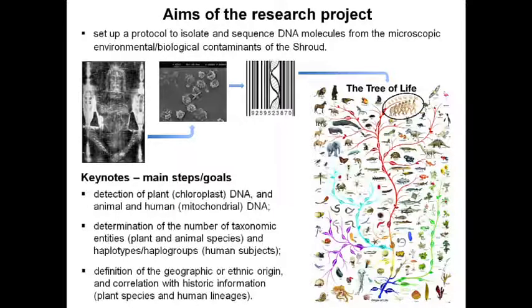Last but not least, the main goal was the definition of the geographic origin and the ethnic origin of our samples, and eventually perform a correlation of our molecular data with the historical information available for plant species and human lineages.